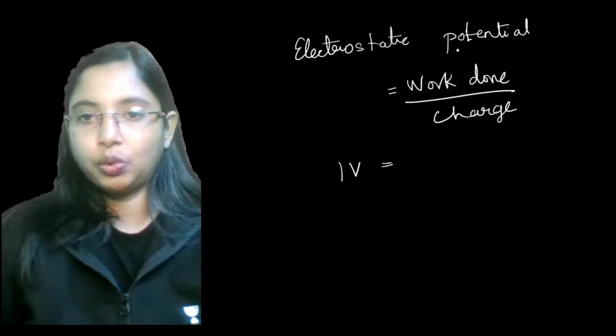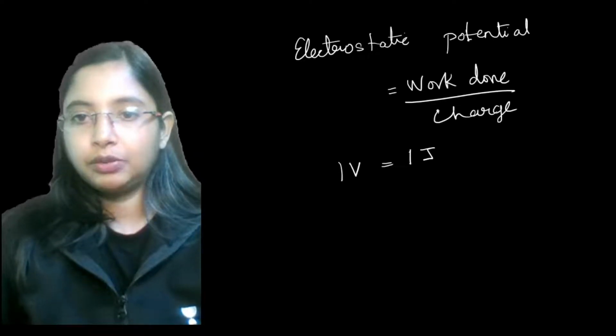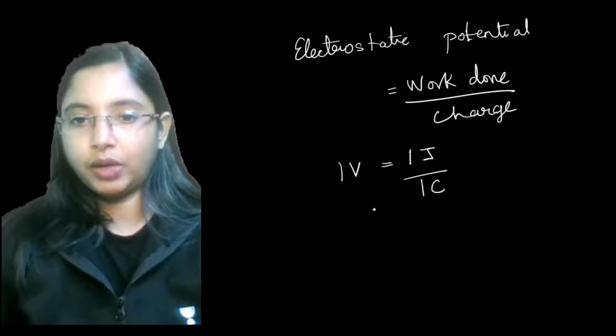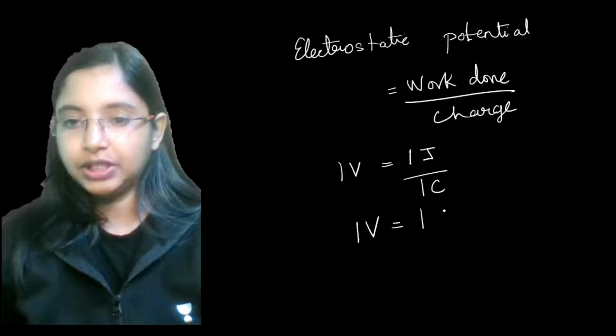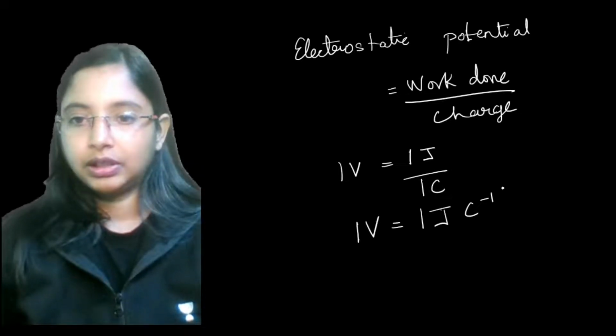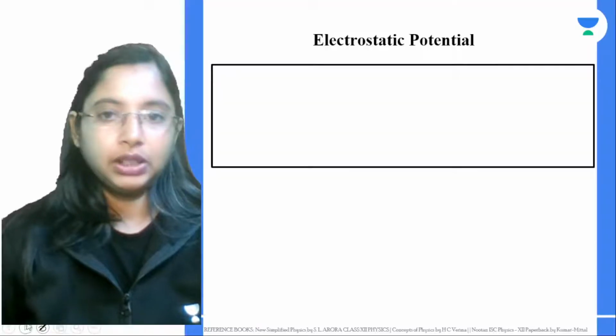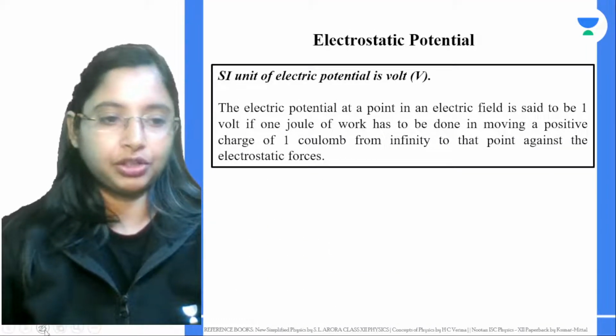The unit is 1 volt, where work done is 1 joule and charge has a unit of 1 coulomb. So 1 volt is nothing but the work done in moving 1 coulomb of charge from infinity to a point against the electrostatic force. That gives the definition of your electric potential.